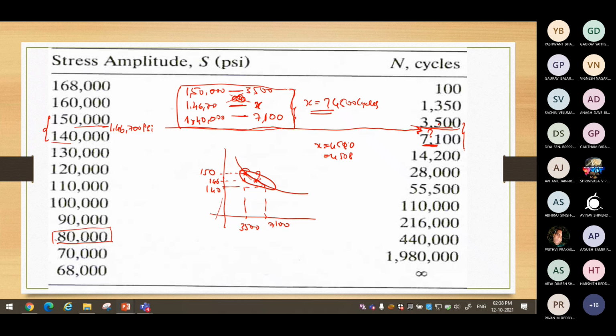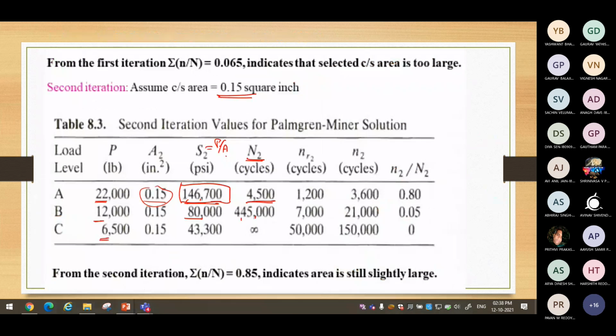Is that fine? Yes, sir. Okay. Fine. So once you have this total number of cycles for failure at that stress value, the procedure is the same. Take the cycles ratio and find the cumulative damage. Now cumulative damage will become 0.85, which is still less than 1.